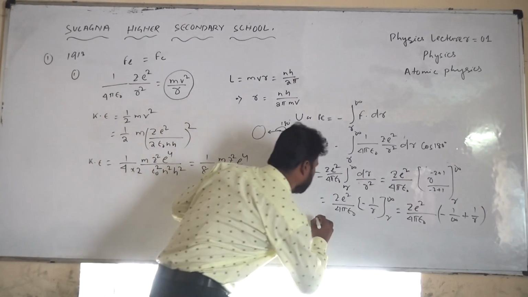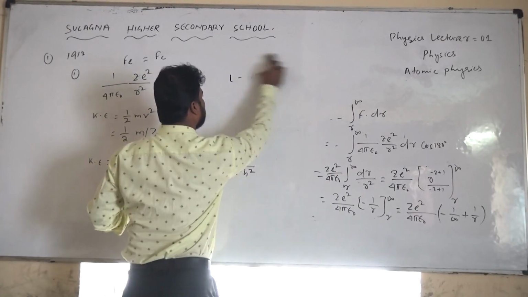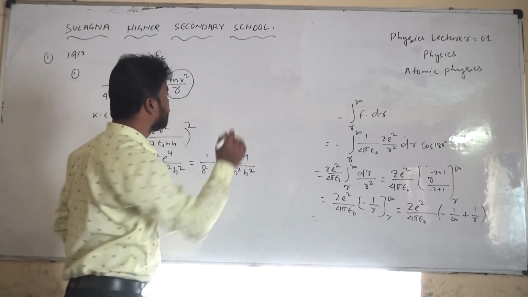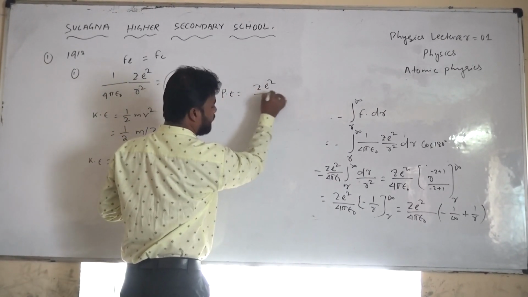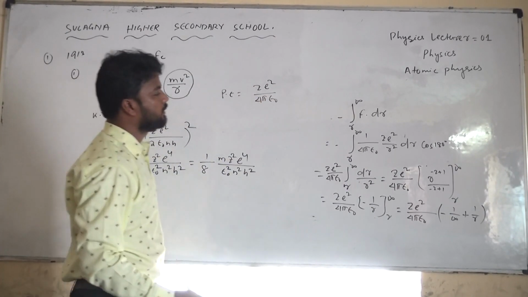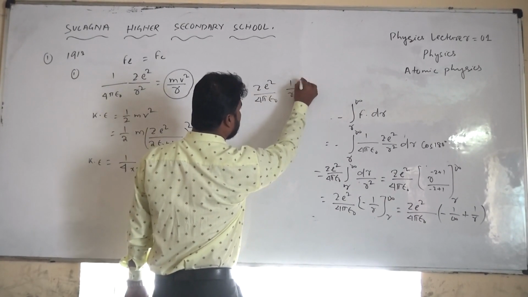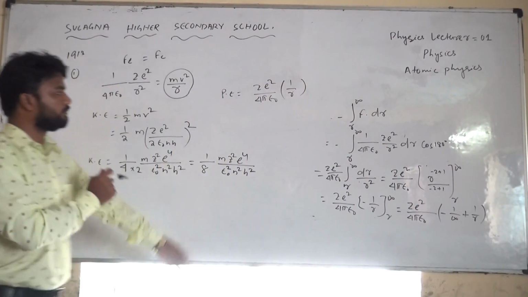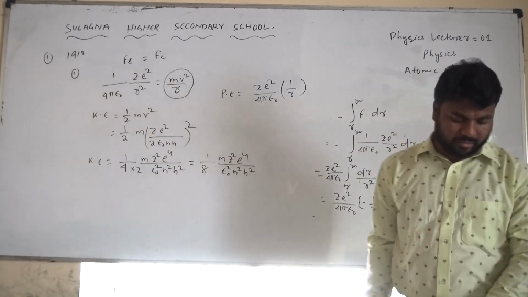That is equal to z e square by 4 pi epsilon naught into 1 by r.